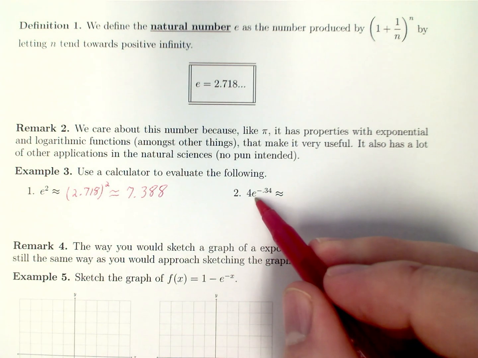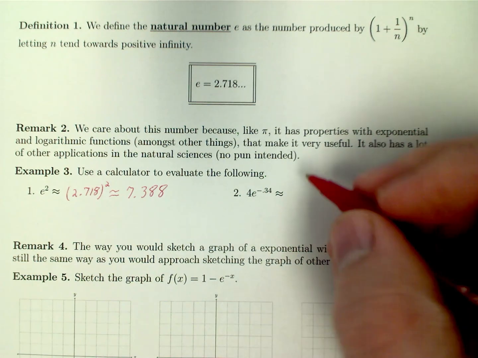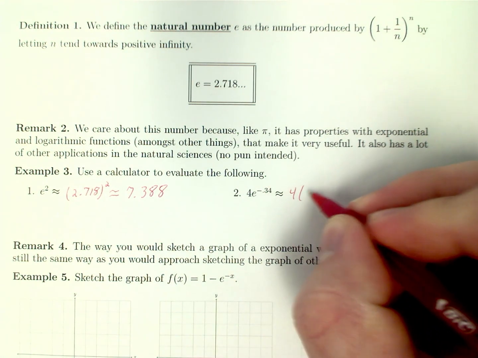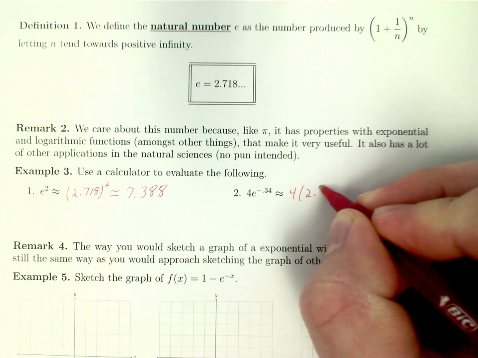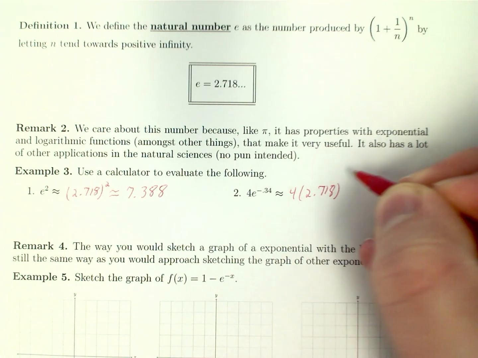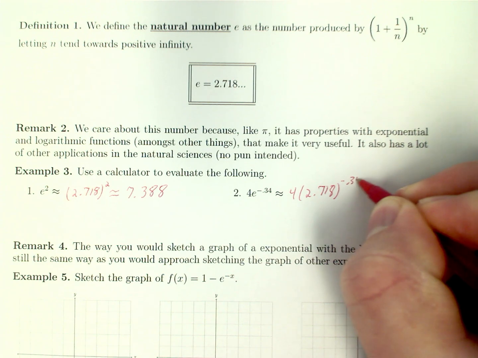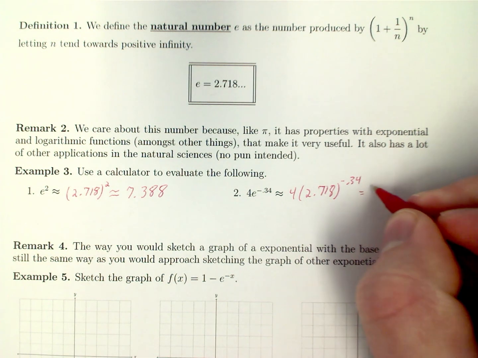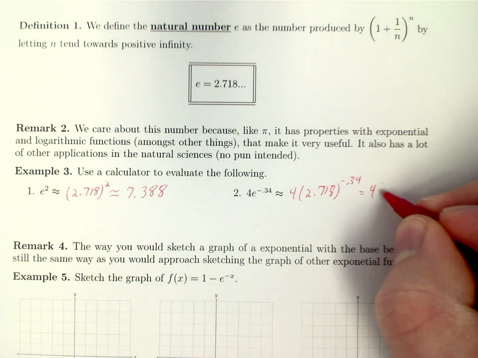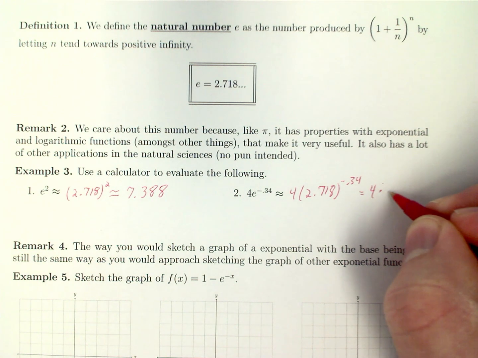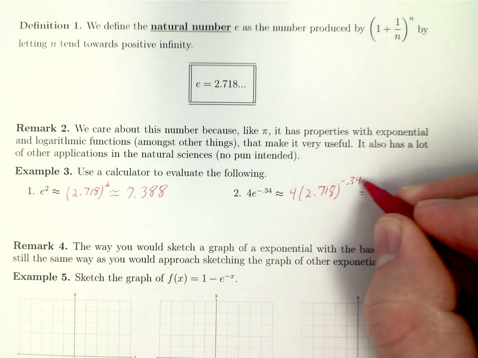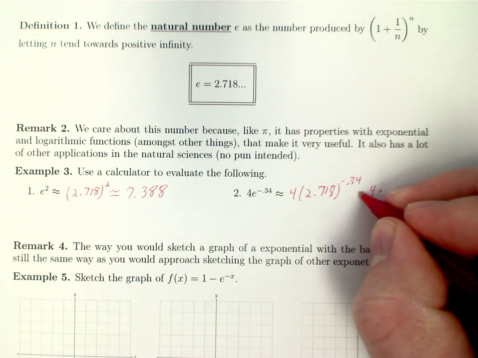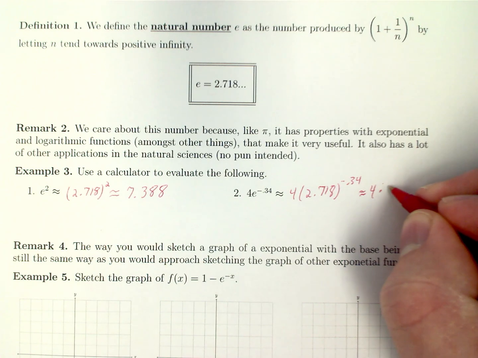What about 4 times e to the negative 0.34? Well, it's 4 times, again, we can just plug in 2.718 as an approximation, raised to the negative 0.34 power. Again, order of operations, we have to do the exponent first. So 2.718 to the negative 0.34 is approximately 0.712.